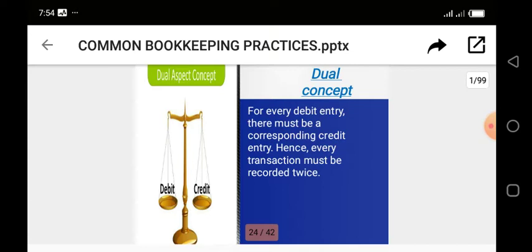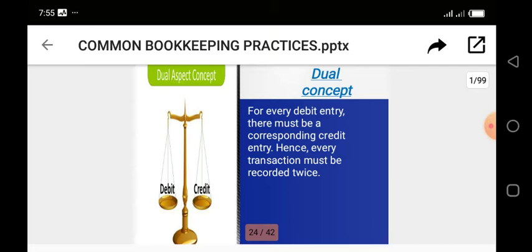I'll say that again. Every transaction, irrespective of how huge the money is, irrespective of the day and time of payment, must be recorded twice. Meaning recorded on the debit side and then on the credit side.